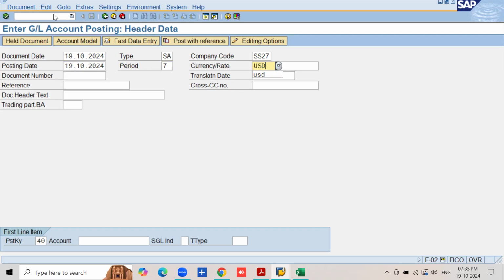The transaction currency means the currency in which the business transactions incurred are posted. Other things are as usual. Posting key 40. Account is 400300. Click on enter.